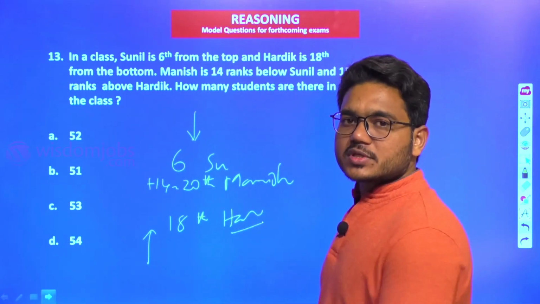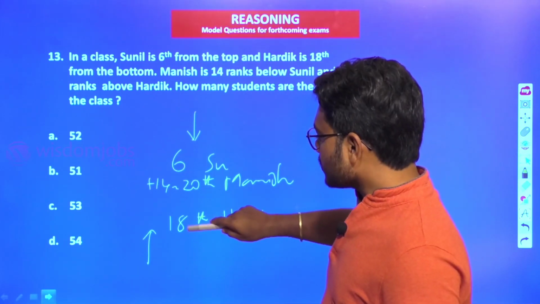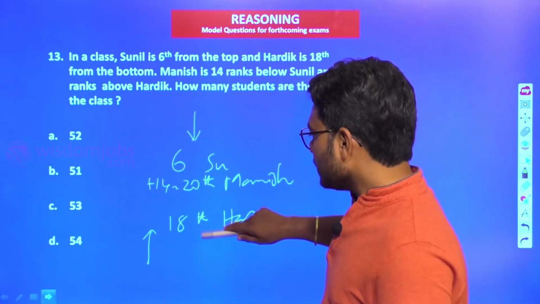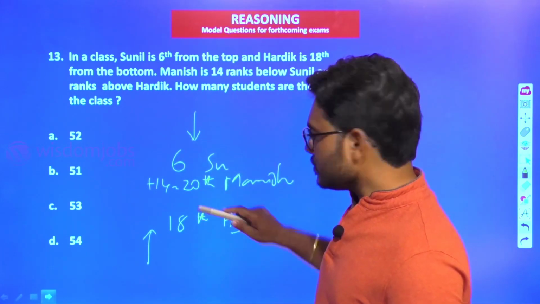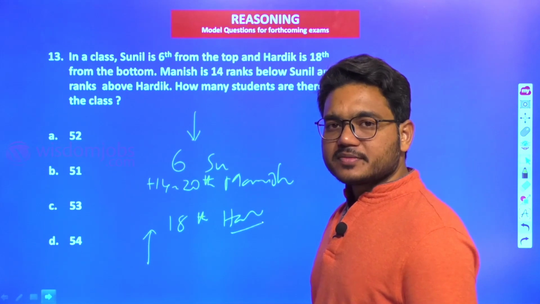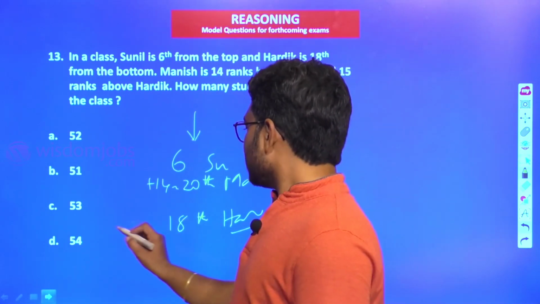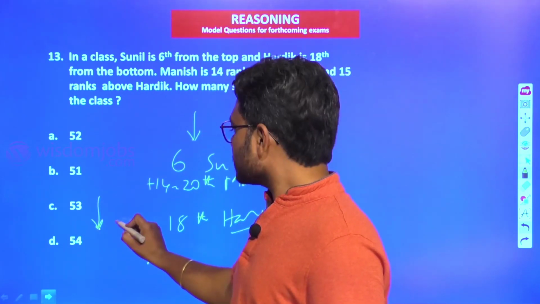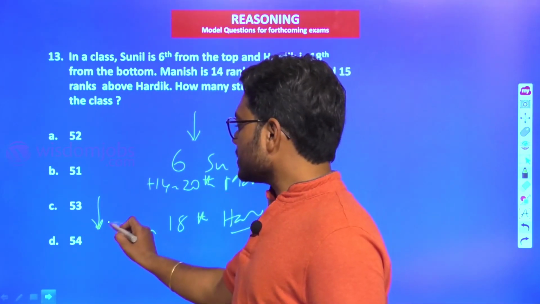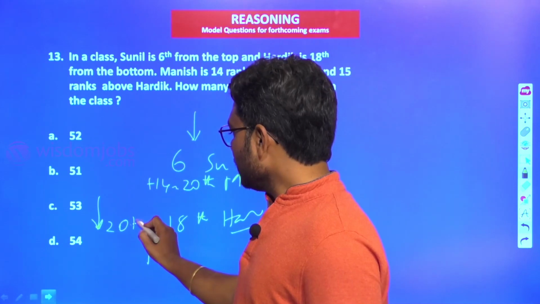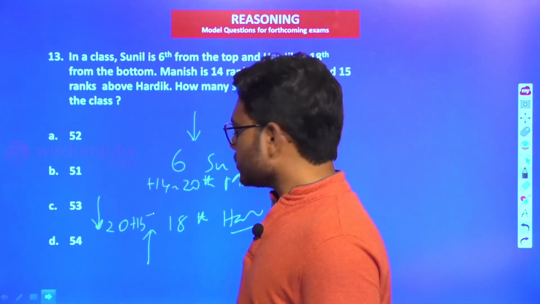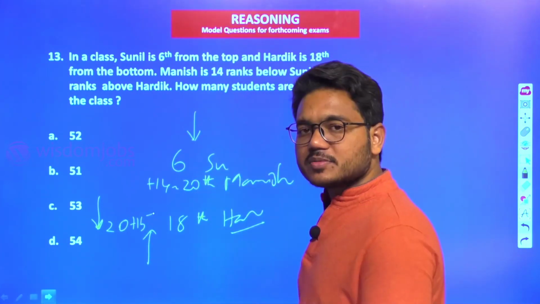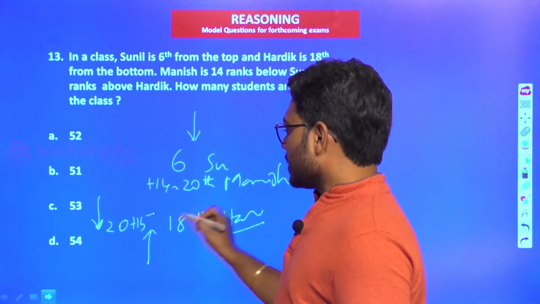Again from the top, whatever position Hardik holds here, Manish is 15 ranks above that position. So what could be Hardik's position from the top? This 20th position of Manish plus the 15 ranks difference between Hardik and Manish.